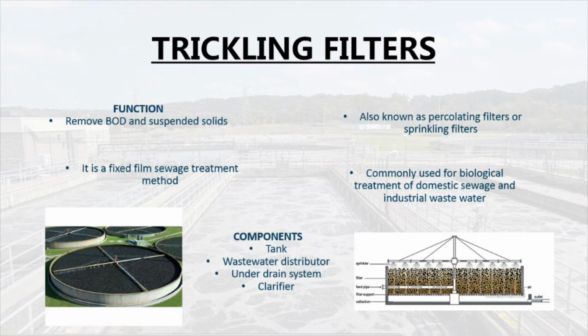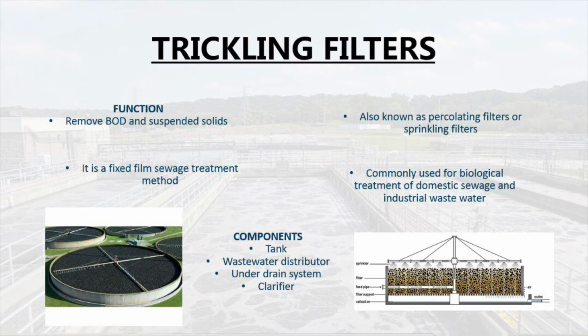Trickling filters have 4 major components. First, the tank, where the filter medium used is stones, ceramic materials, and coals. Second, the wastewater distributor that allows uniform water flow over the filter medium.